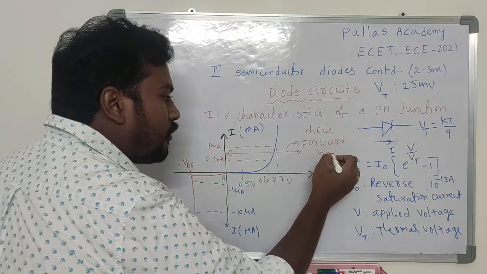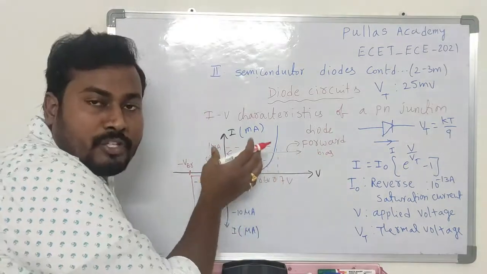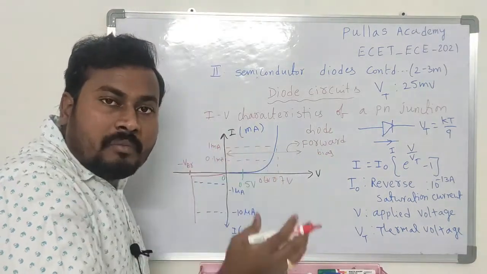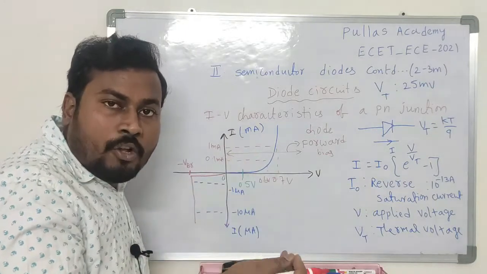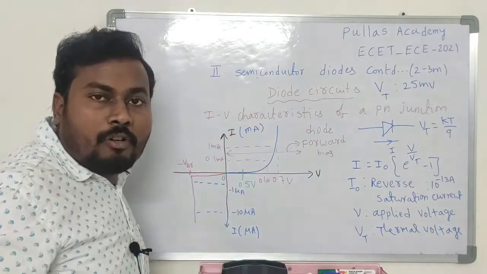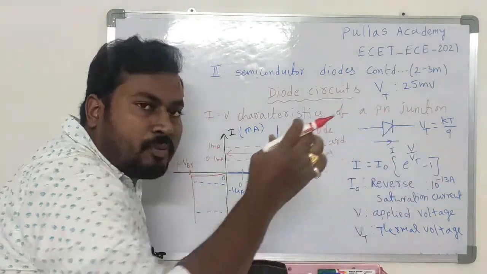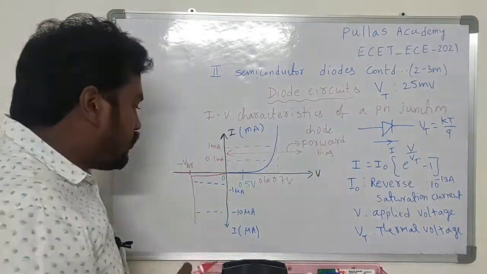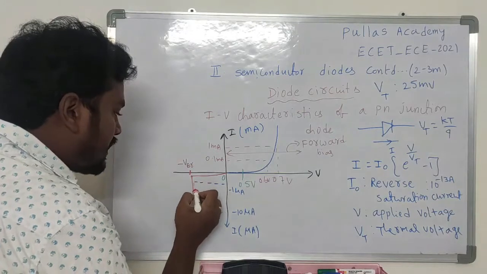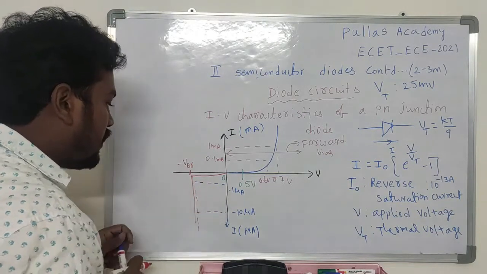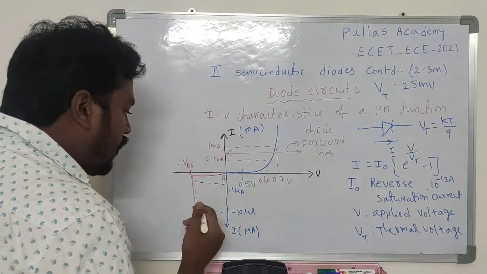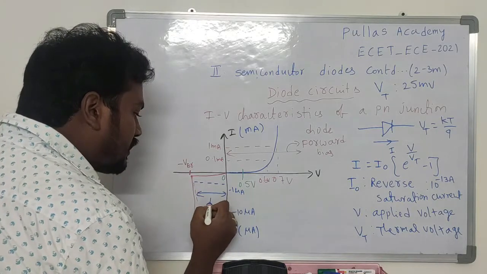Listen to me carefully. The diode exhibits exponential nature when under forward bias, and the current expression through the diode is again an exponential relation. And this is where the diode is under reverse bias.